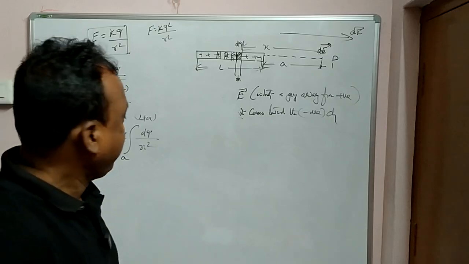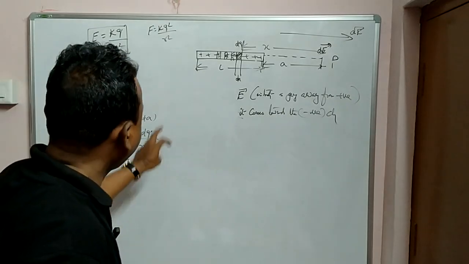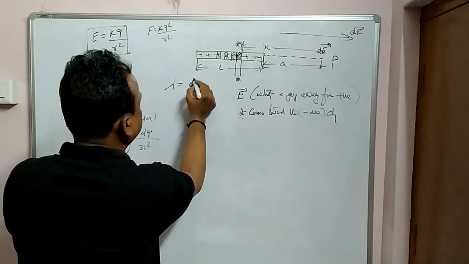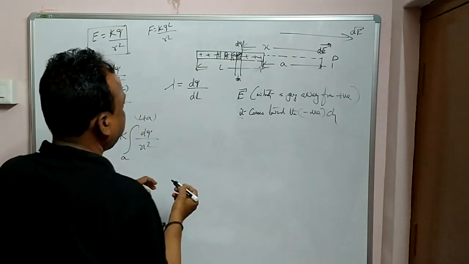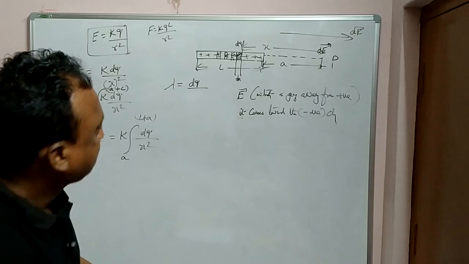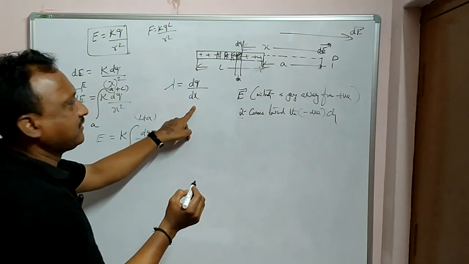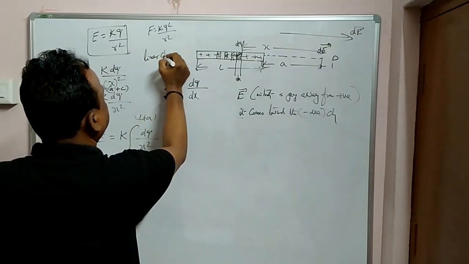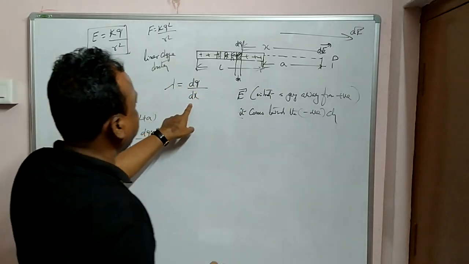dq/x². But here dq and x² are different things, we cannot integrate. So you have to make it in terms of x. Now you know lambda is called charge density, charge per unit length, dl or dx. Lambda is called linear charge density, lambda is equal to dq/dl.